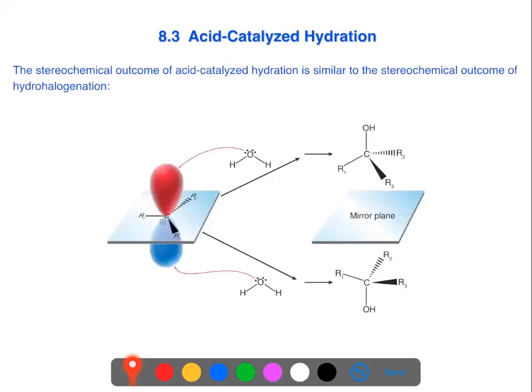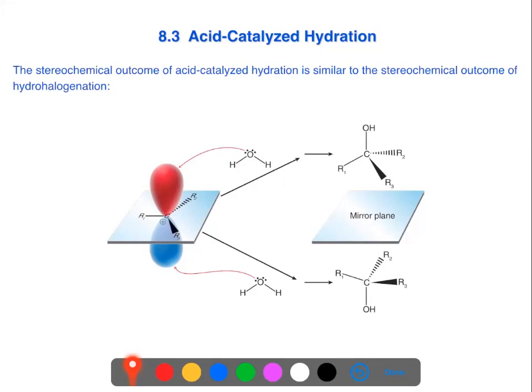Now, similar to what we saw for hydrohalogenation, there is a stereochemical aspect associated with hydration as well. If we generate a chiral center as a result of hydration, we should recall that we will form both the R and the S enantiomers, because again, having a carbocation intermediate, it's open to nucleophilic attack by water from either side of the plane associated with that carbocation intermediate.